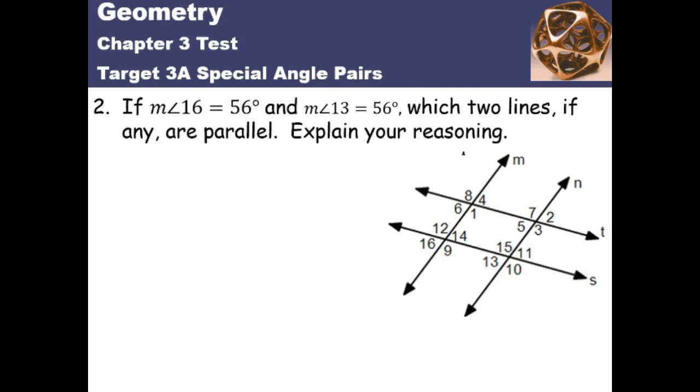Alright, number 2. We're given that angle 16 is 56, so here's 16, and 13 is 56. And we have to determine if these lines are parallel. Okay, and remember, let's look at these angles.